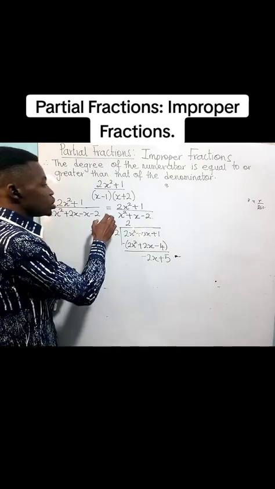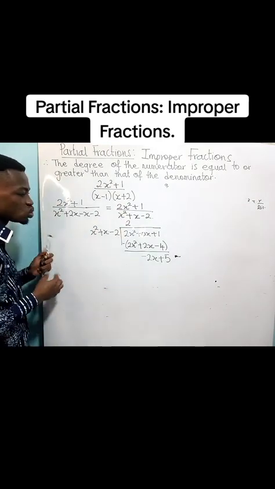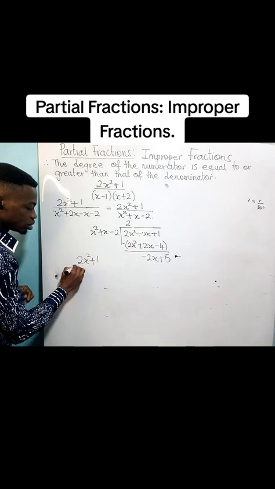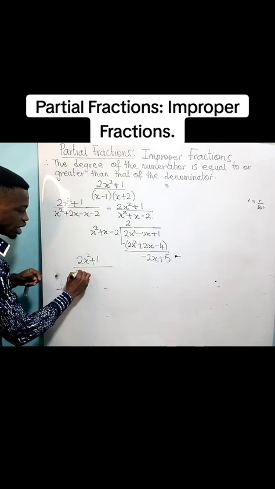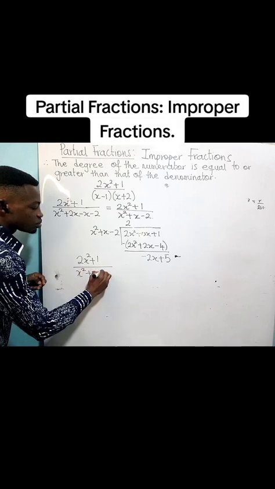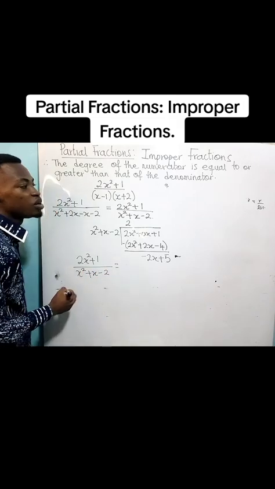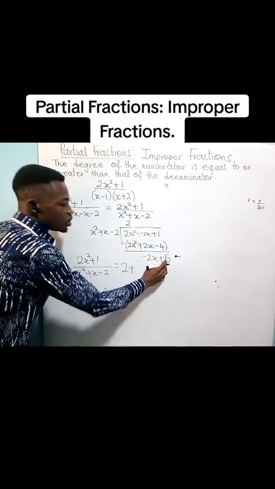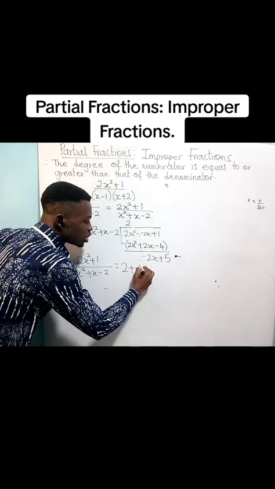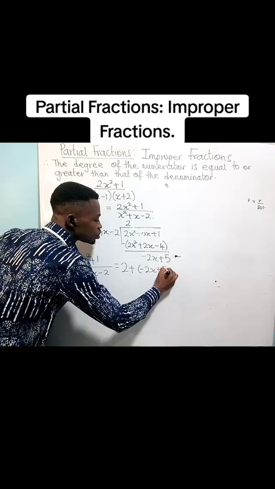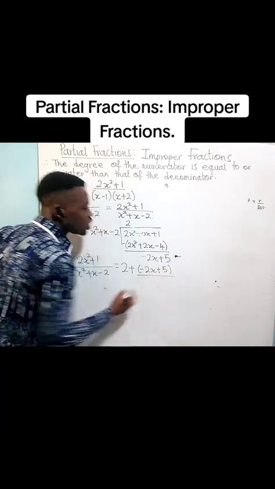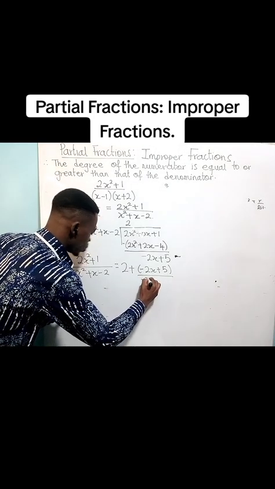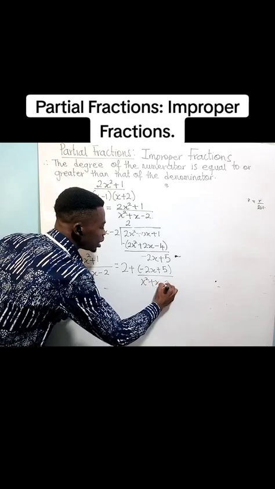So now, we are going to have this. Our 2x squared plus 1 over x squared plus x minus 2 will now be written as the quotient 2 plus our remainder, which is in brackets negative 2x plus 5, over the denominator, which is x squared plus x minus 2.